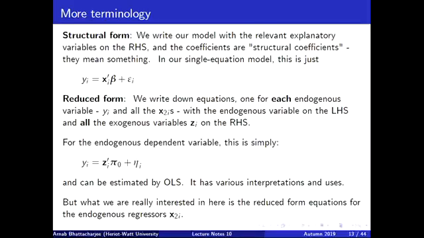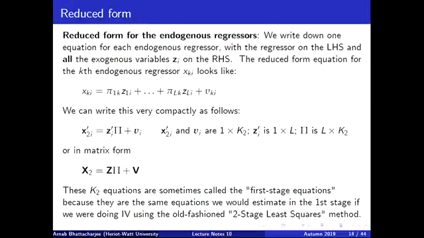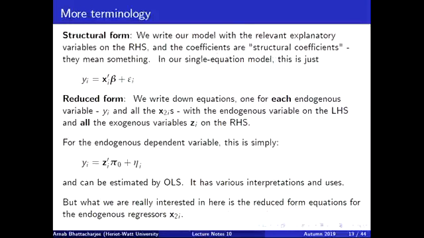But you can do the regression because the instruments are exogenous, so they can be estimated by OLS. Sometimes they can have interpretation, but usually not. What we are really interested in is this beta, not these pi zeros. Okay, so this is the reduced form for the endogenous dependent variable.